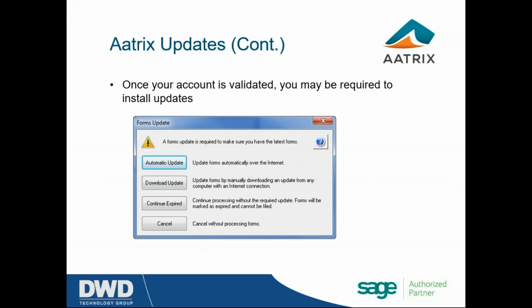Again, if you run into some of these issues, we are happy to help you with resolving those. There's also a knowledge base article specifically about issues with updating Sage that will tell you exactly the steps to go through to resolve those.